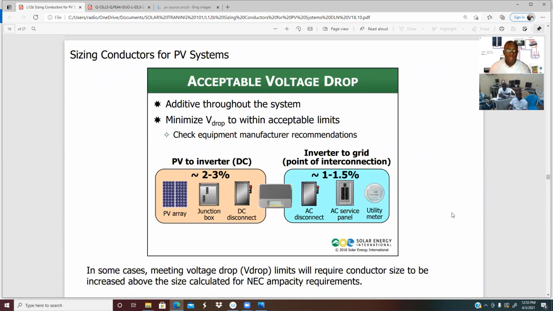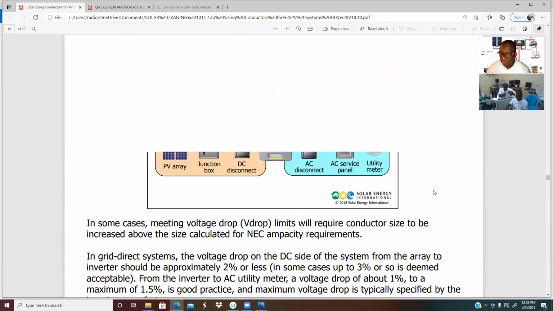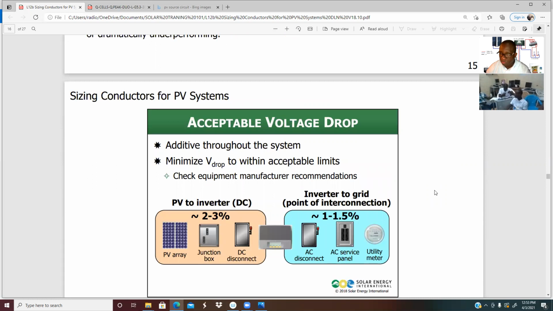All right. Now we go to acceptable voltage drop. It says the temperature rating is going to be written on the back of the terminal most of the time.